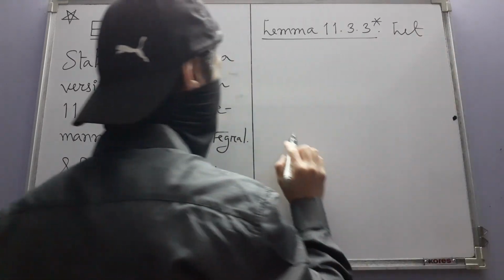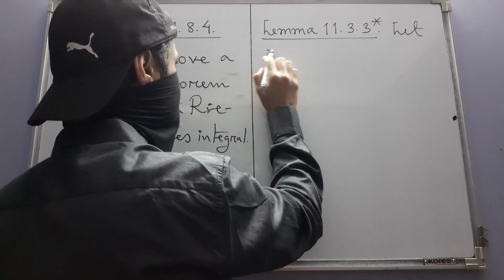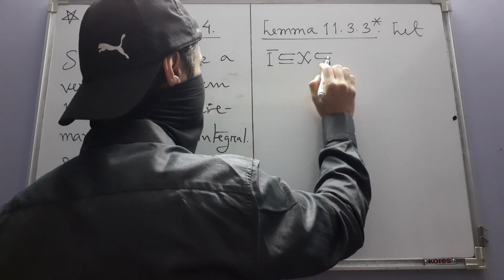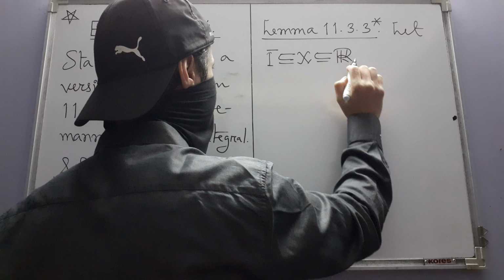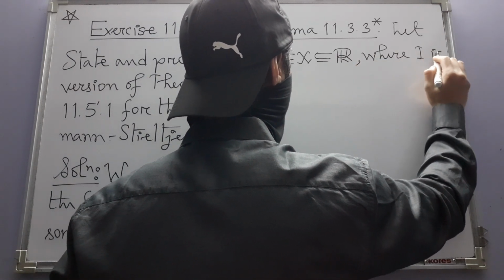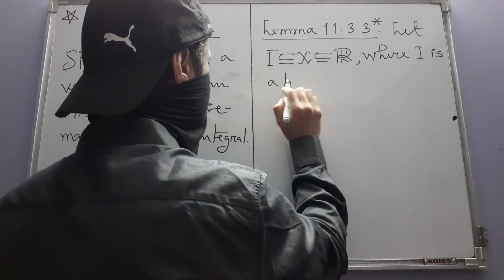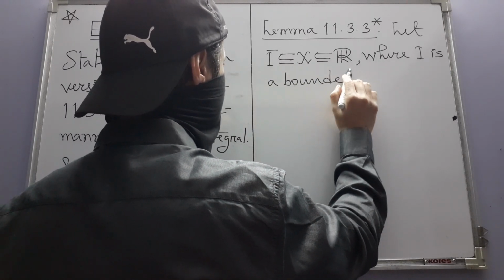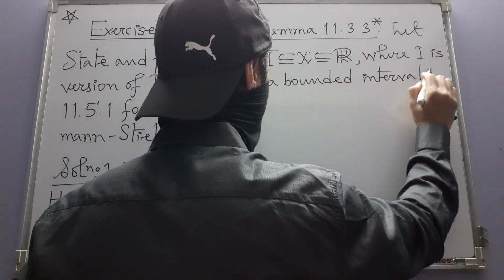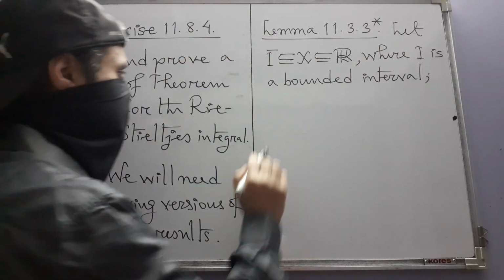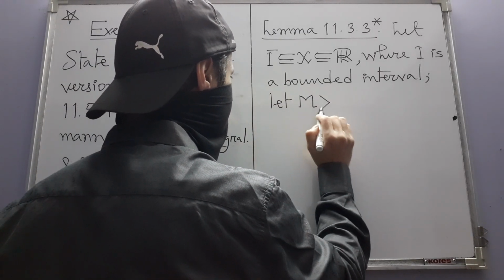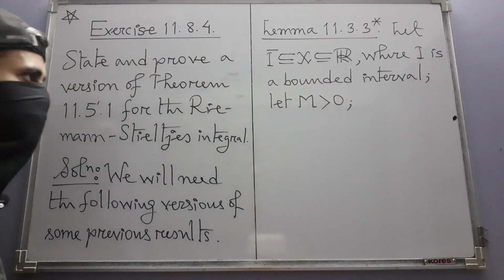Let I closure be a subset of X and X be a subset of R, where I is a bounded interval. Next, let M be a positive real number.